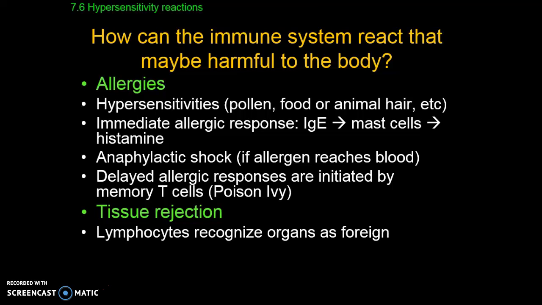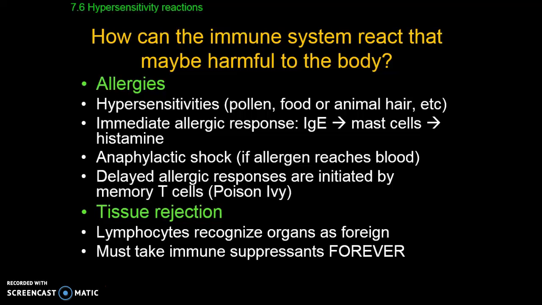It's the lymphocytes that recognize the organs as foreign. And so in almost all cases, a person needs to take immunosuppressant drugs forever, to dampen down that immune response, the ability of the immune system to react, to try to keep that organ functioning and the immune system still thinking it's their own.